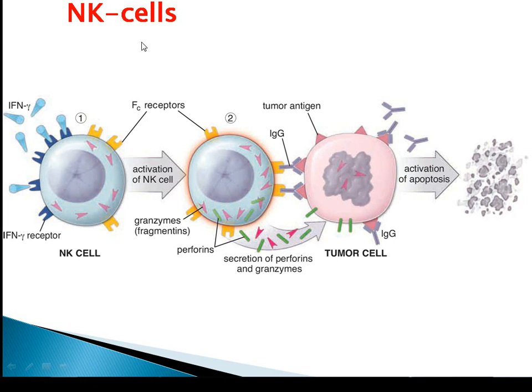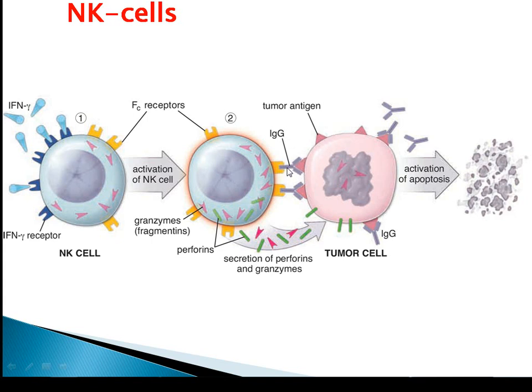That's why natural killer cells belong to the innate immune response, not the adaptive immune response, although they are a type of lymphocyte. They have Fc receptors that recognize the Fc fragment of immunoglobulin G, and that acts as a signal to kill the target cell.